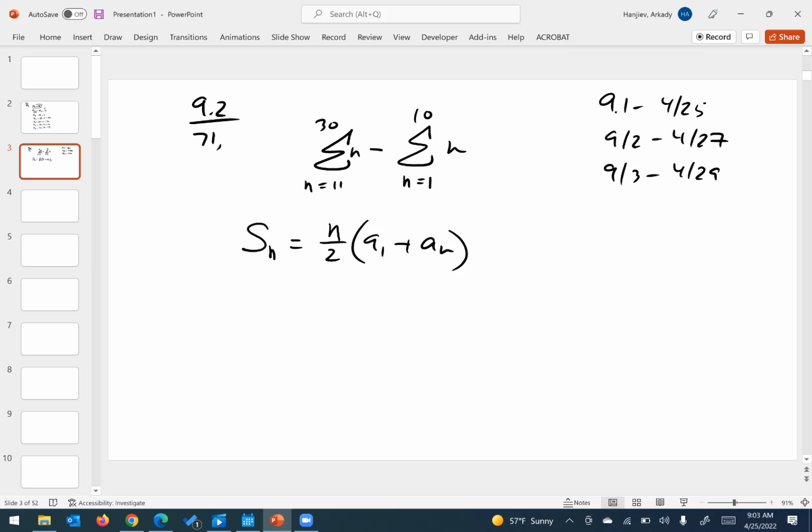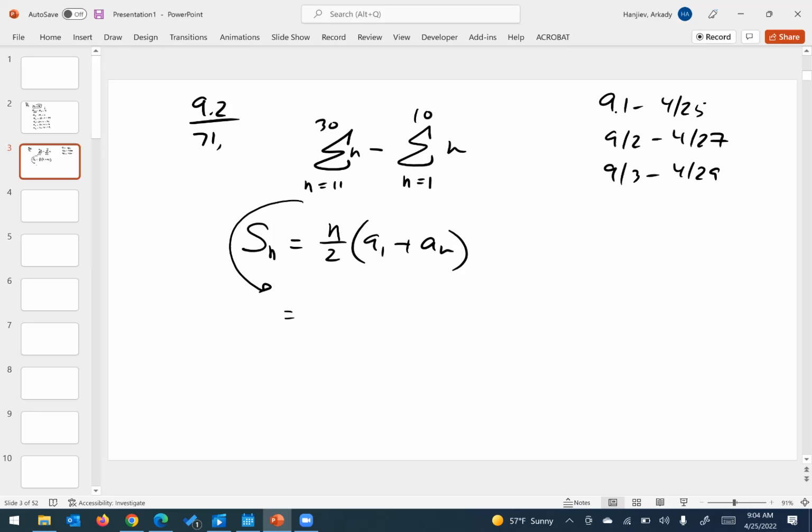So for each one of these, it's a lot of addition here. Let's go for it. How many n's do we have from 11 to 30? Everybody okay with 20? So let's start counting.